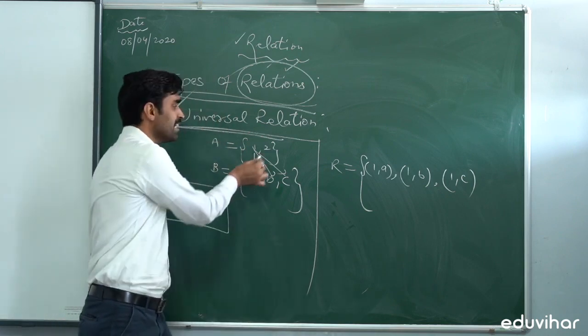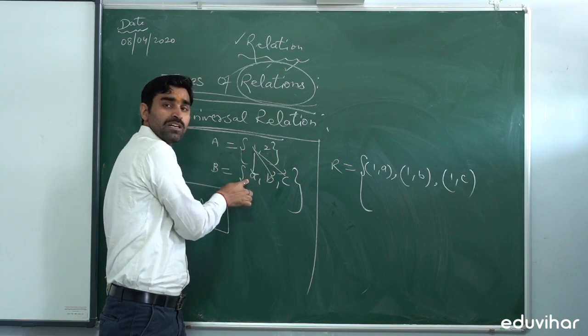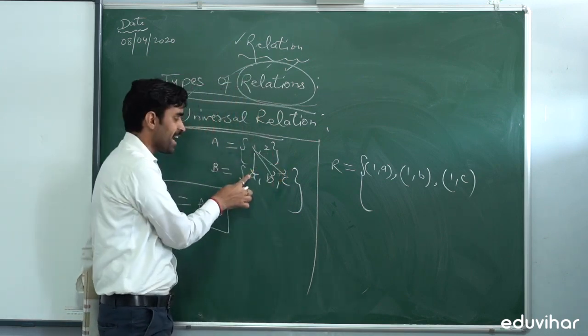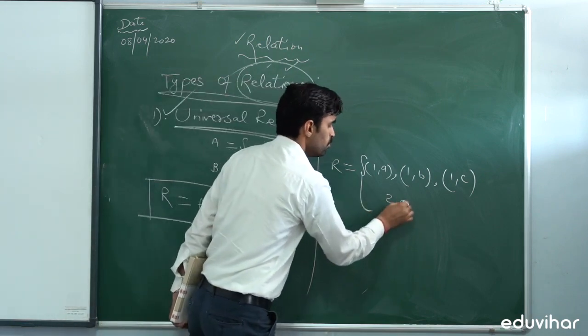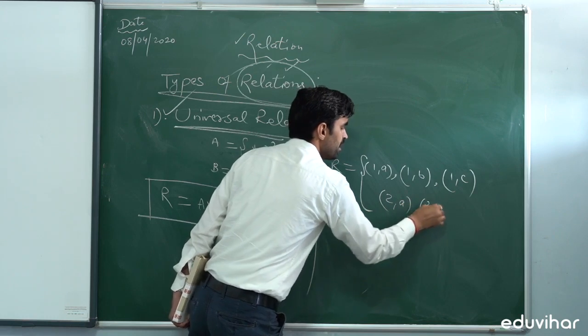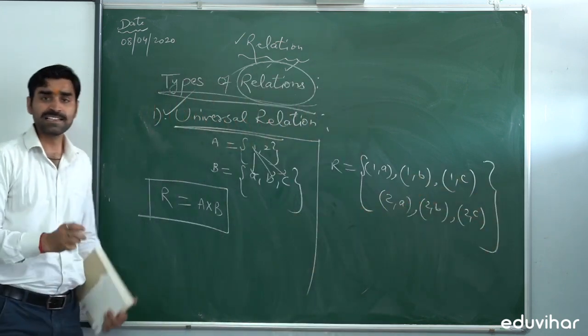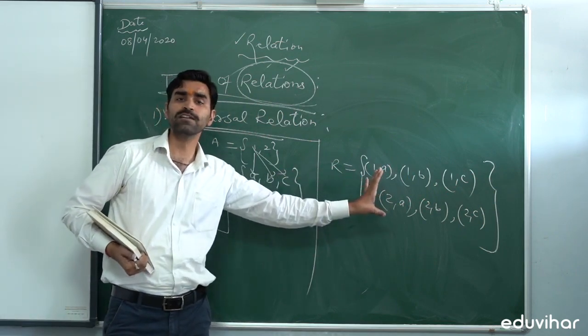Similarly, the second element of the first set must be mapped to the elements of the second set, that is 2A, 2B, 2C. This is the representation of the relation in set builder form.